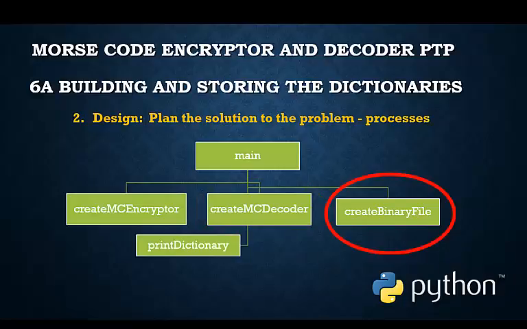It will call the create binary file two times, one for each of these different dictionaries. That fourth helper function, print dictionary, can be used by create Morse code encryptor and create Morse code decoder functions to neatly print out the contents of the dictionary.